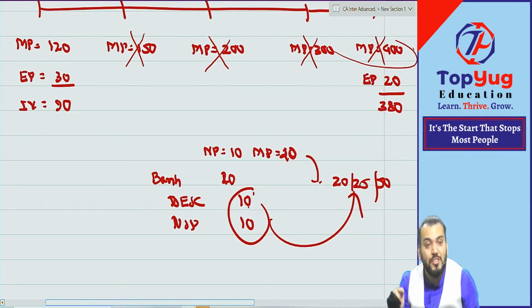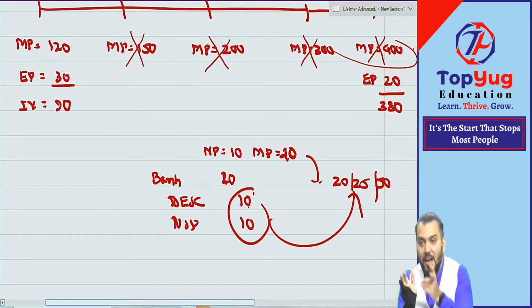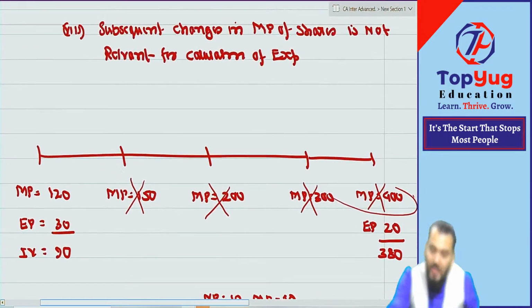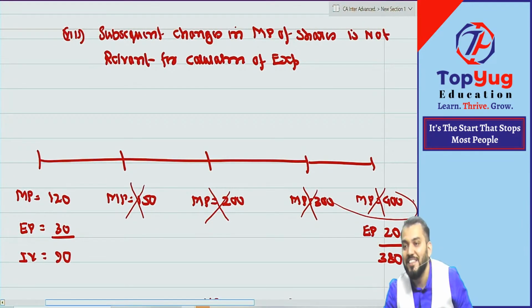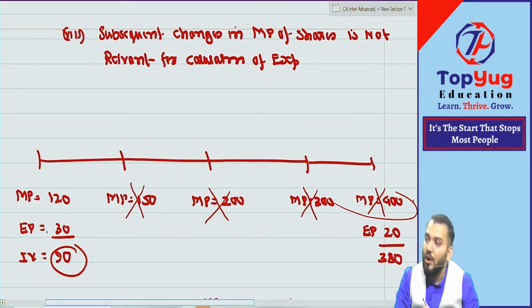We never do subsequent measurement of equity once it is recognized. This is the general rule. Have you understood the rule? Same thing I have said, but just try to understand. This stock option outstanding account is equity or liability? Equity. And equity you have recognized at 90 on this date.